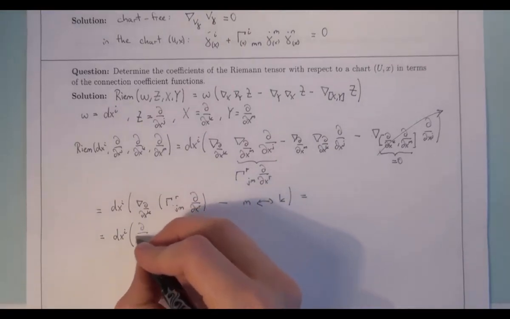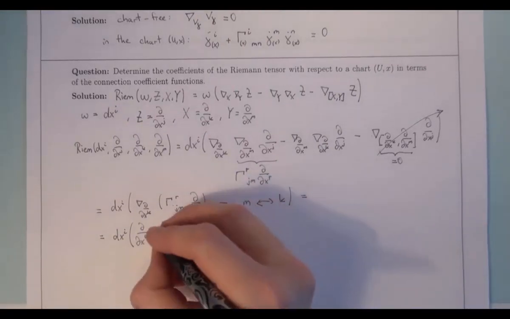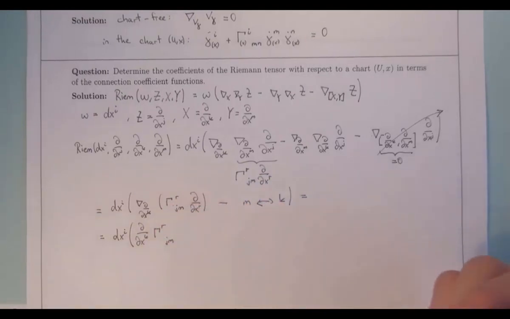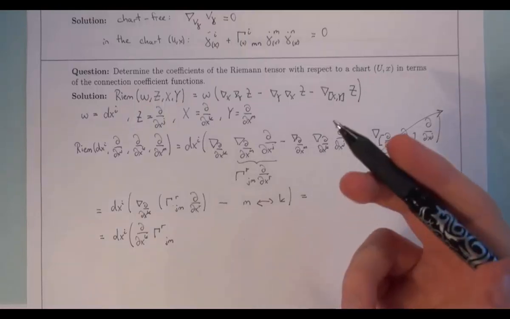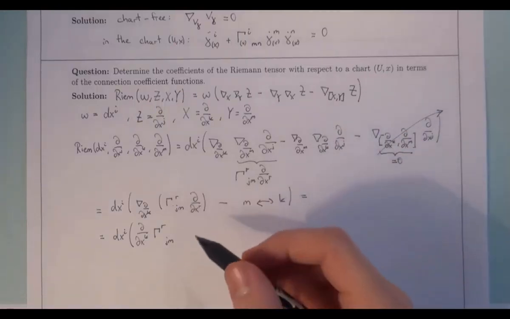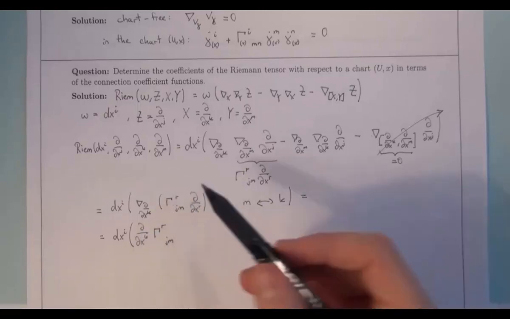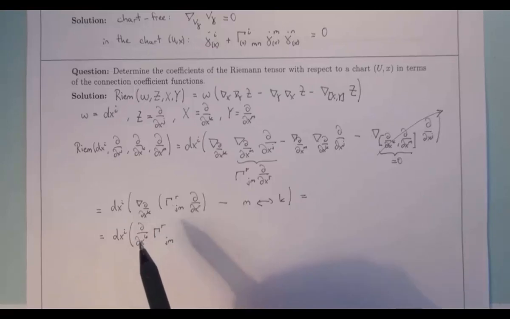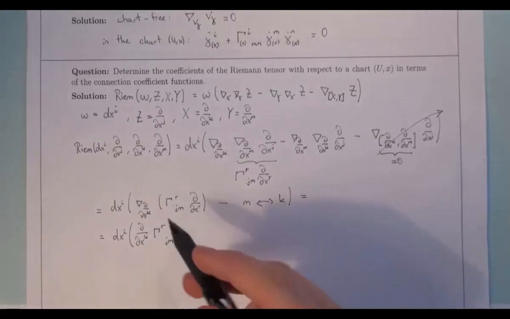We just take the vector field del xk applied to gamma rjm, and this is already everything, since this was a function. A covariant derivative acting on a function is just the vector field applied to the function.